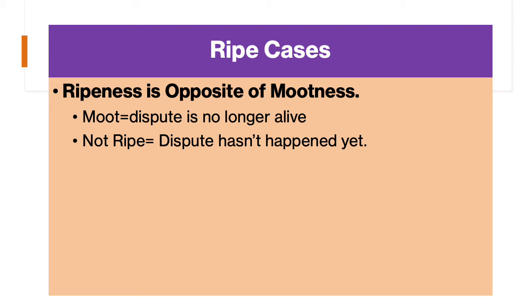It's like a pre-dispute or a potential dispute. Justiciable cases must be ripe. The dispute has to be happening at that time. Why? Because justiciable cases have to have a controversy. Controversies have to be taking place.